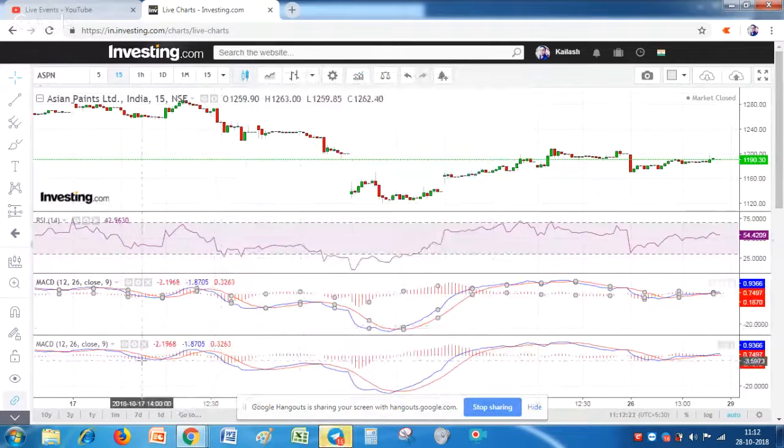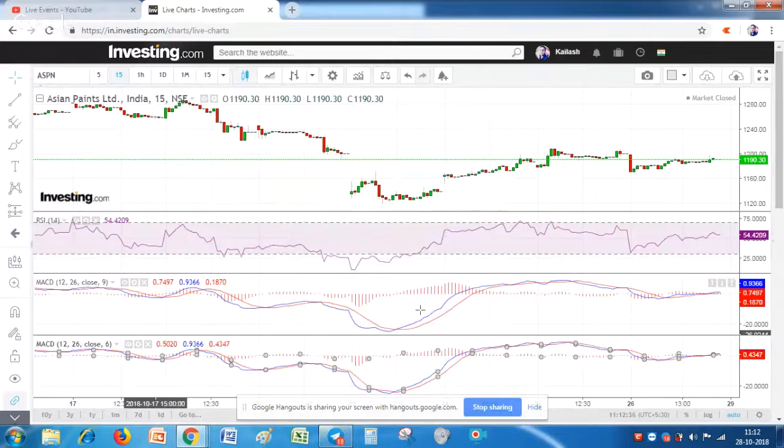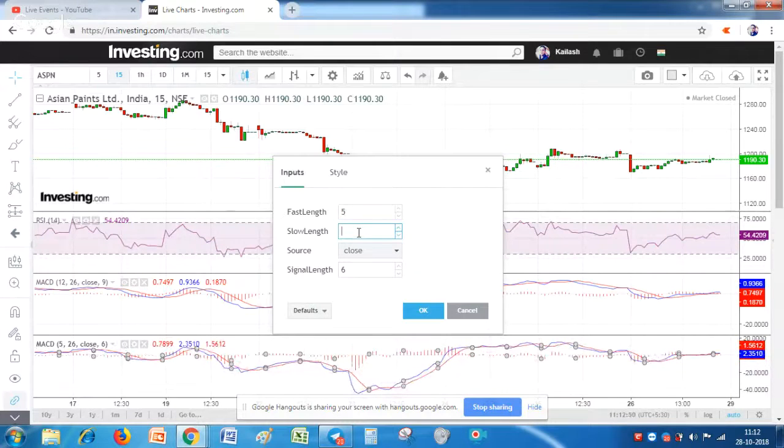Okay, I have added one more MACD, but I am going to make some changes in this. I will make the signal length 6. Let me modify it a little more. Let us try a smaller combination of 5, 15, and 5.